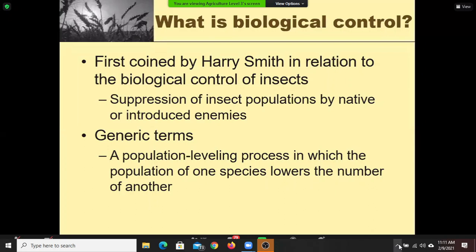population by some native or introduced enemies of insect. You know that we can control the insect pest by a number of beneficial insects and also by a number of plant pathogens. So the fungi, bacteria, virus, nematodes.